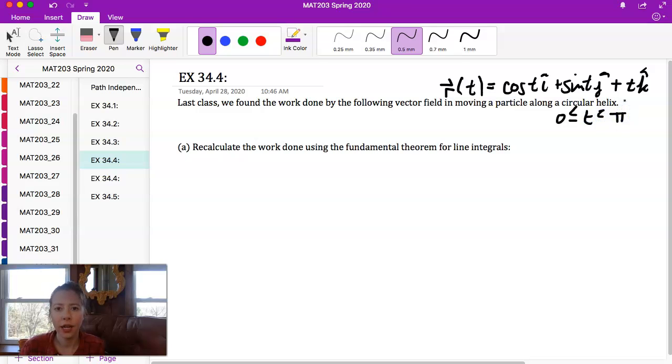And we did that by calculating the line integral. So that gives us the work.